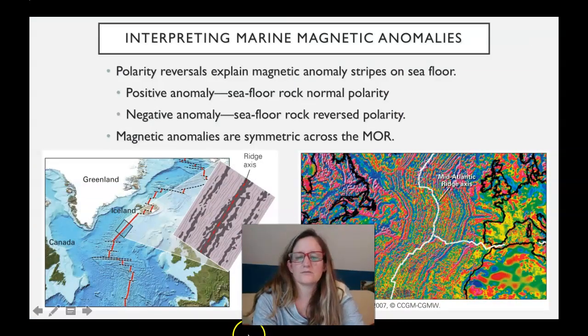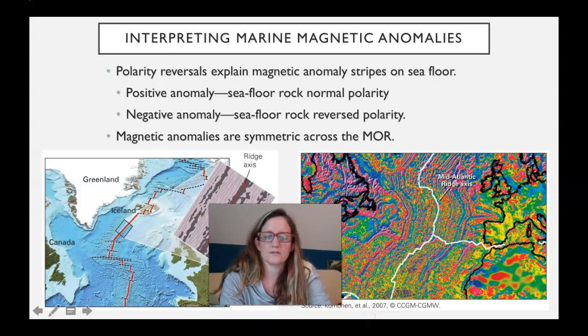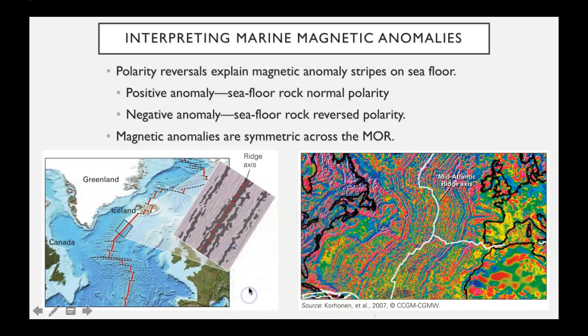Okay, so here is what some real data looks like. This is the mid-Atlantic ridge axis, and these colors represent intensities of magnetism, and again, symmetrical across the ridge. On the left, here's zooming in of the mid-Atlantic ridge just down ridge from Iceland.